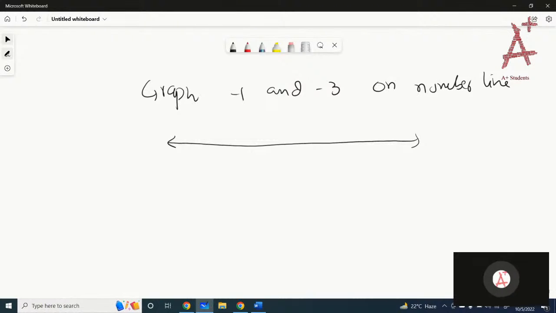So both the numbers are negative. That means they are on the left hand side of the 0. Got it? So here you have 0, -1, -2, -3, -4 and -5. So you have to represent both the numbers. They are on the left hand side of the 0. So here you have -1 and here you have -3. Got it?